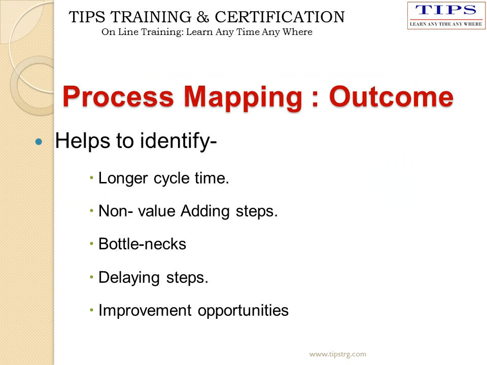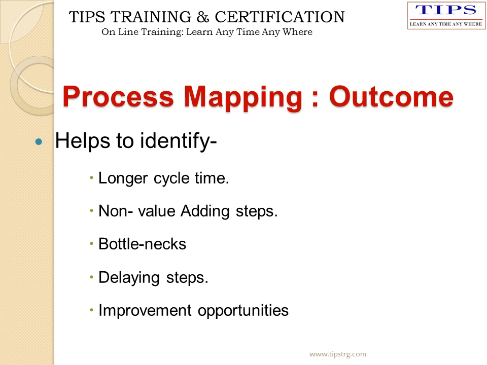Now we will see the process mapping aspect using the process flow chart. What is the outcome of this process mapping? Process mapping helps us to identify the longer cycle time, the longer time required to produce the output, which may be in terms of negative aspects, that is waiting time, delays, etc. Second, it helps to identify the non-value added activities or steps, which we will see in the next slide.